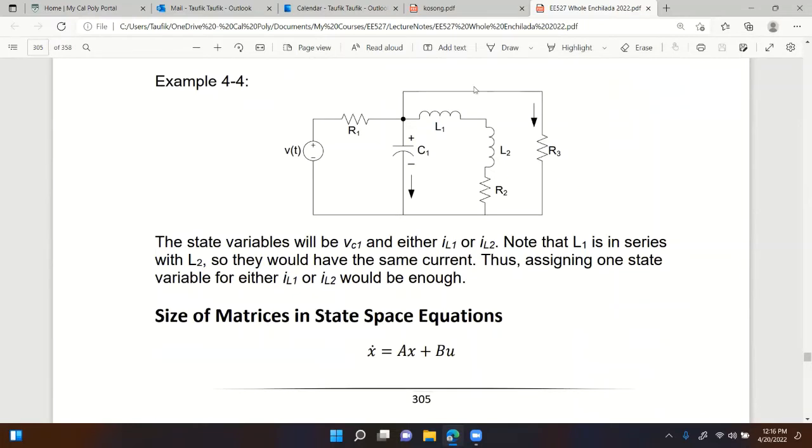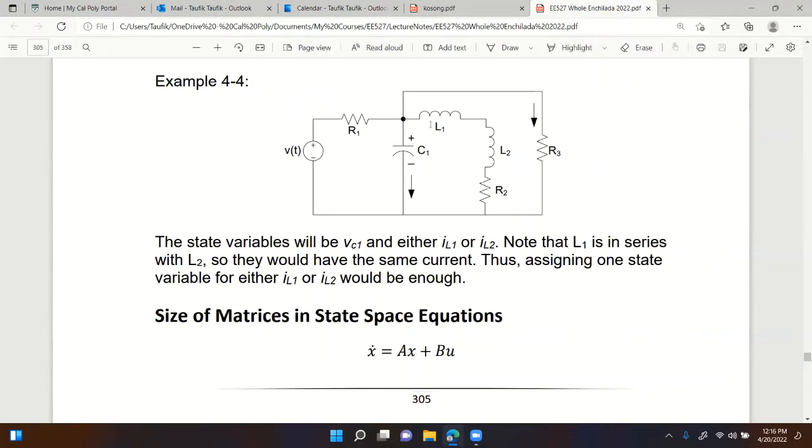Let's look at the third one right here. Here I have one input. I have 1, 2, 3 energy storage components, L1, L2, and C1. And you can see clearly that L1 and L2 are in series. So in terms of our state variables, IL1 and IL2 are the same current, right?